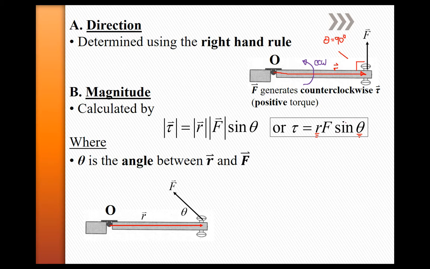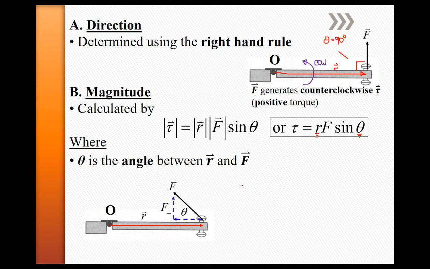The biggest value that sine of theta can be is 1. When is sine of theta 1? When it's 90 degrees. So we want to make these two things perpendicular. Big lever arm, larger force, and keep the lever arm and the force perpendicular to each other.